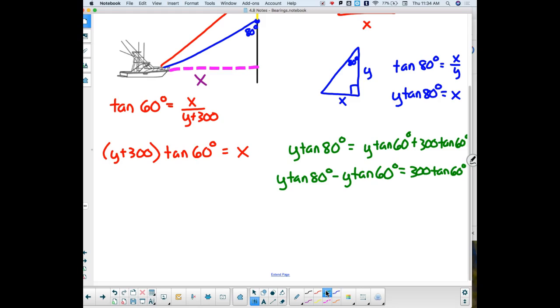Why did I do that? The y's are on the same side now. What did I do there? Can we skip that step?